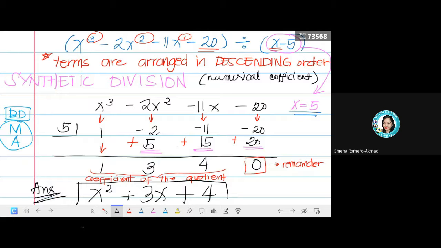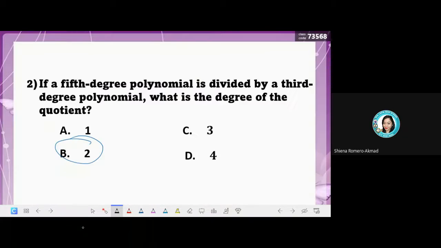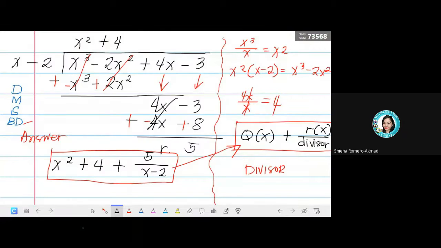Kapag long method, talagang medyo mahirap kasi you have to deal with the variable. Pero dito, ang kailangan mo na lang tignan ay yung numerical coefficient. So later on, mag-try pa tayo ng iba pa para mas madalian kayo at mas maintindihan ninyo on how to use the synthetic division.